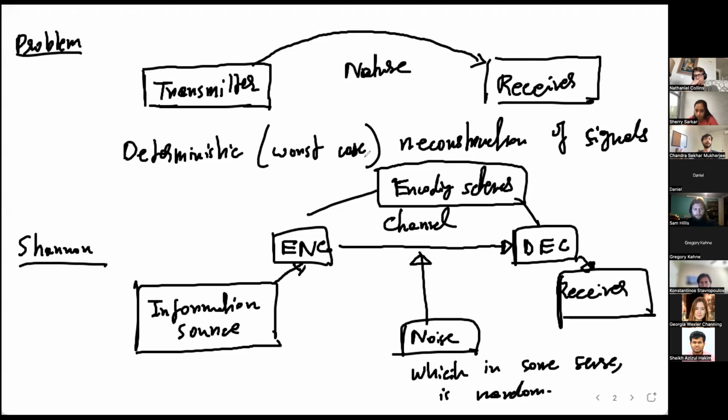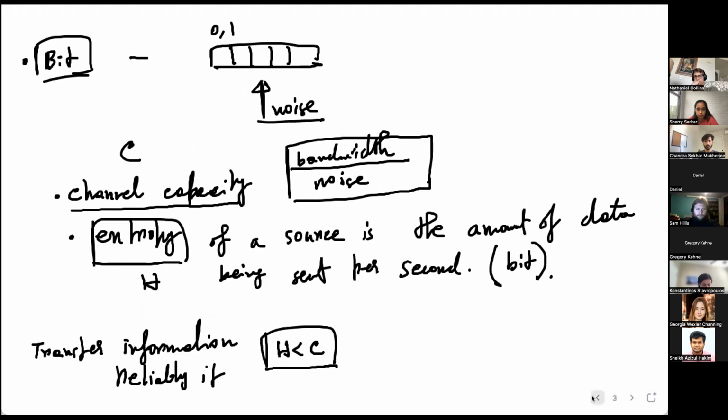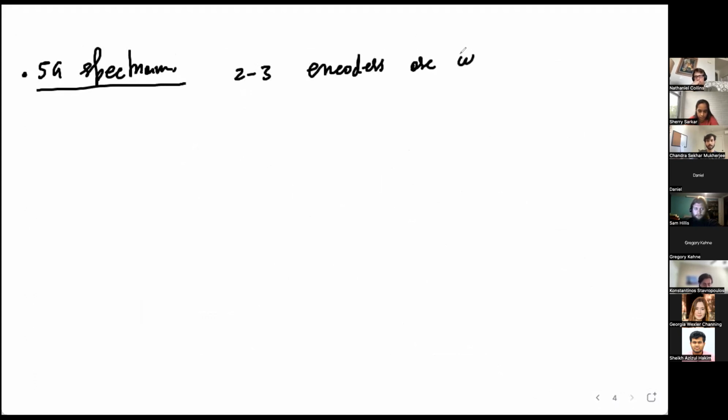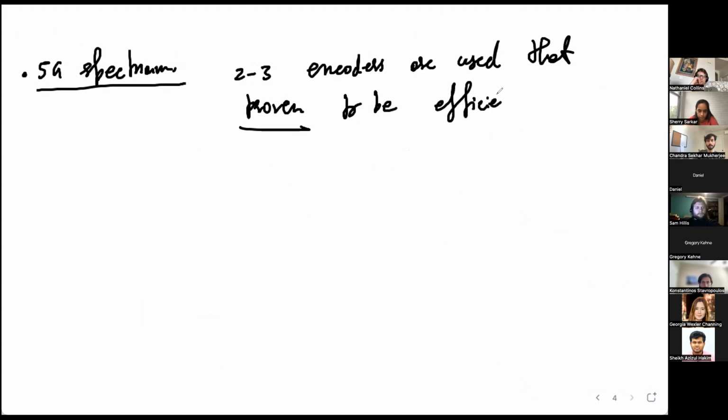And it's true, while we probably lose out on something because you can still have some errors, in the end it is something that's realistic and works, to the point that, for example, even in the 5G spectrum, I think there are 2 or 3 encoders that are used that are proven to be efficient under Shannon's model of communication.